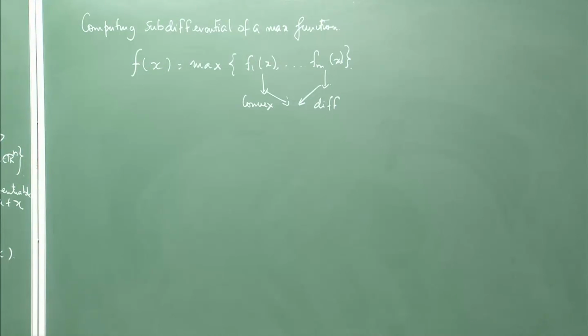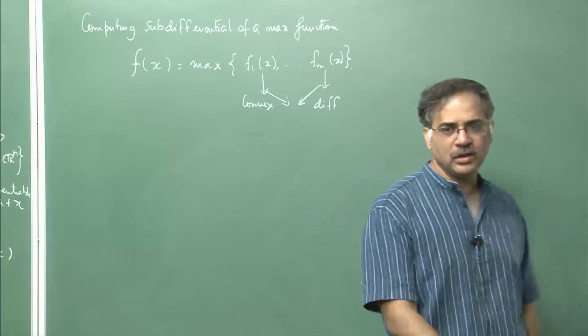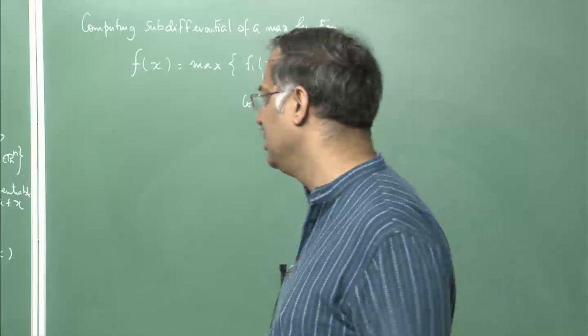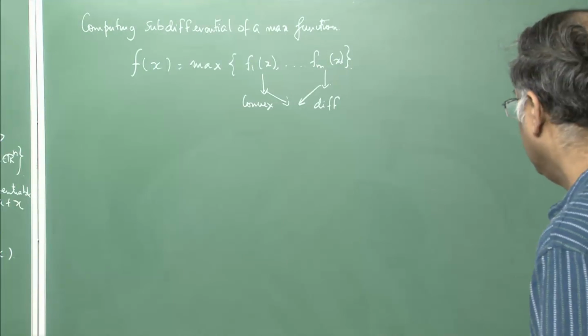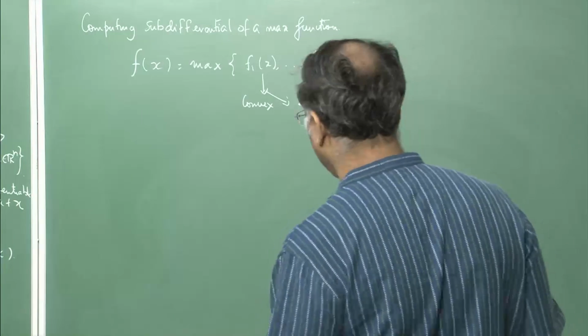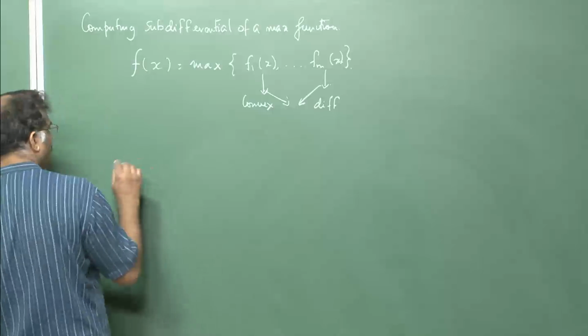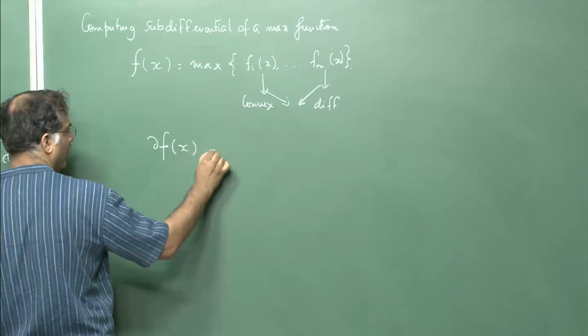Now, f is convex, but not differentiable. So, the standard composition rule, composition by the functional called max, is not applicable here. You cannot use the derivative. So, you need to compute the subdifferential of this. The subdifferential is actually computed in this way.